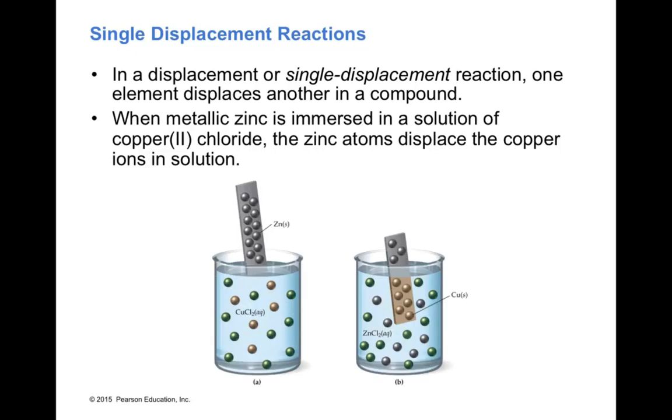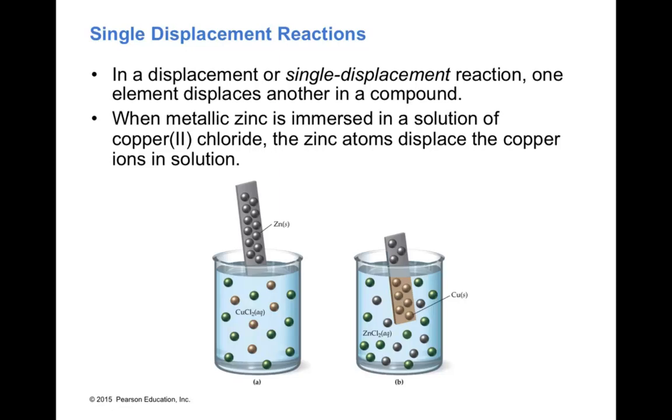So here we have the zinc, and the zinc will displace the copper. So you're going to produce a new compound of zinc chloride, and the copper in solution will start to deposit on this plate. That's why you start to see the copper here as a solid. Before it was an ion, and now it's a solid, so it doesn't have any kind of charge.